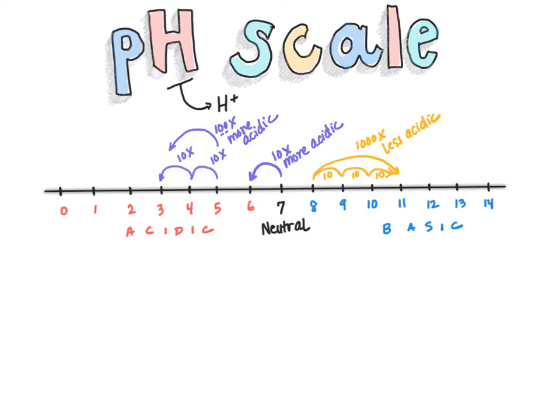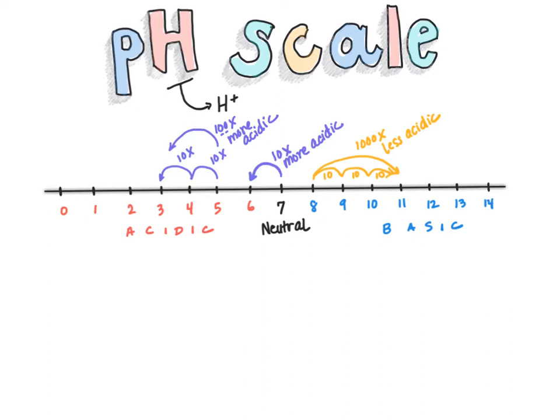So you're getting the hang of it. You need to look at two things. You need to look at the direction that you're comparing. Are you going to the lower numbers or are you going to the higher numbers? And you also need to look at whether you are making a change of 1 unit or 2 units or 3 units, and making sure that each unit is representing a change of a times 10 in scale.